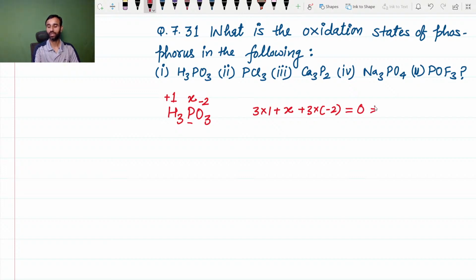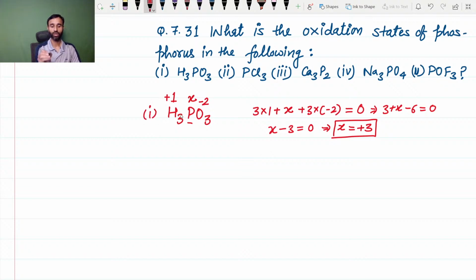So it is 3 plus X minus 6 equals 0. That is X minus 3 equals 0. So in this case, the oxidation state of phosphorus is +3.